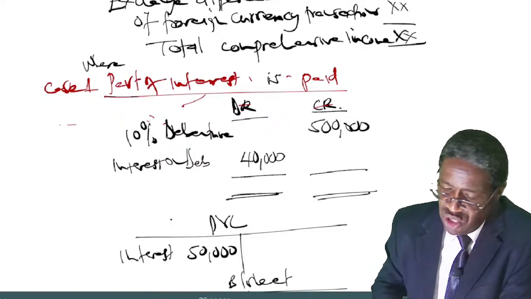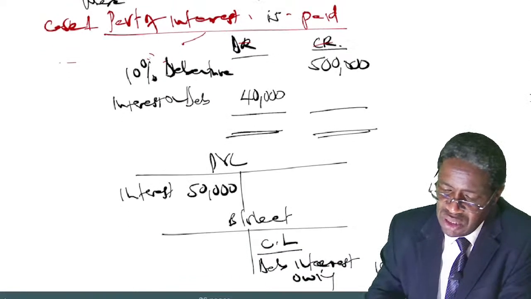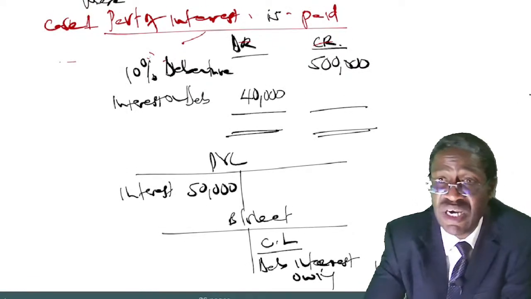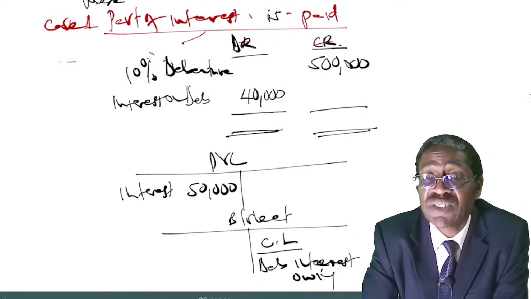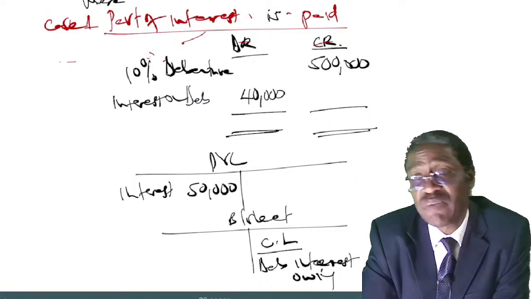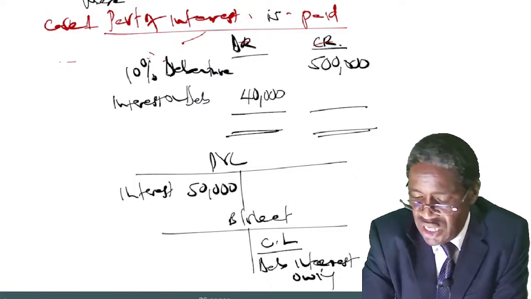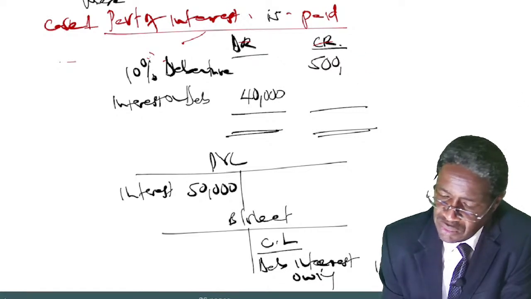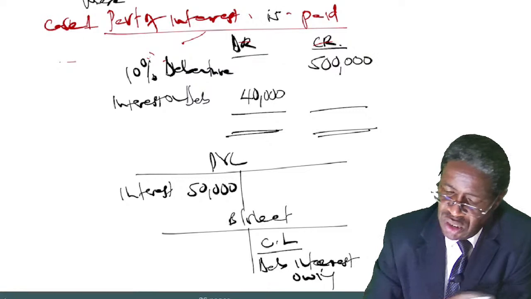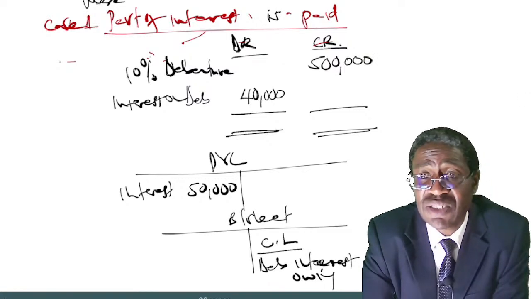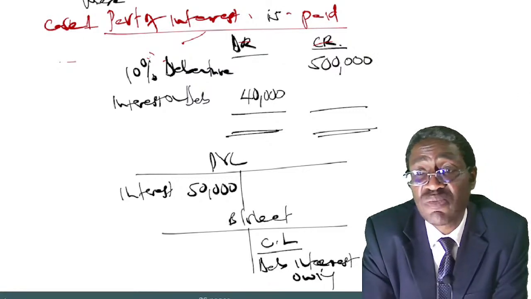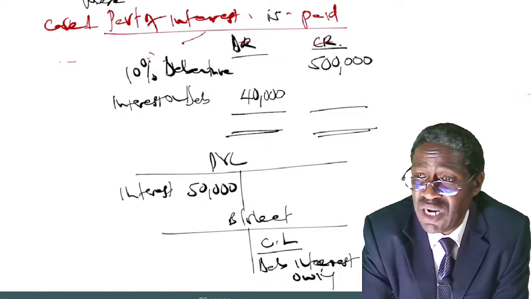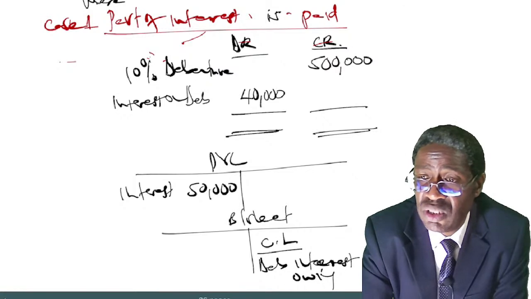Then just show like you are preparing that trial balance. Have a column of the debit and a column of the credit. Then show 10% debenture, and put the amount as 500,000. Then in that same trial balance, show interest on debenture 40. Then show that you are closing the trial balance.